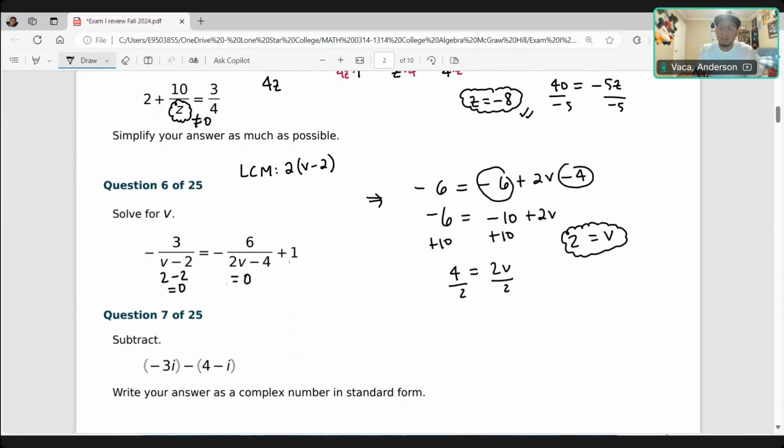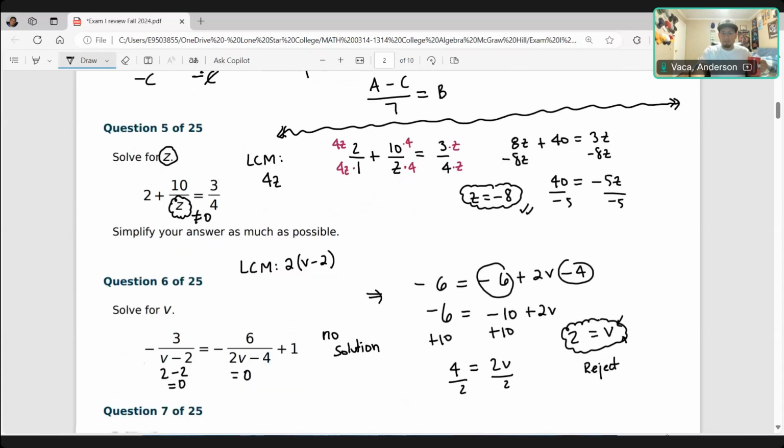So even though we were able to find a solution, we need to reject it because it makes one, or even worse, many denominators equal to 0. So even though we were able to find 2, we have to say that this example has no solution. That was not the case on the previous example. Let's just rewind the tape.